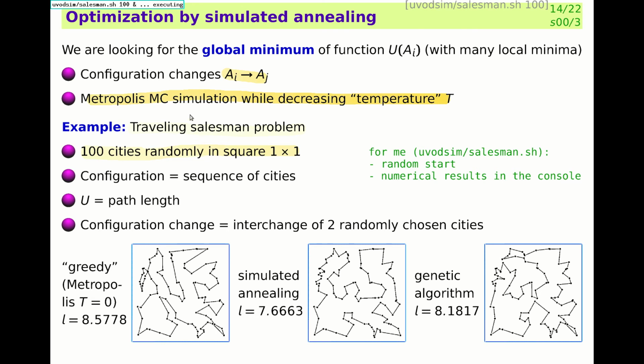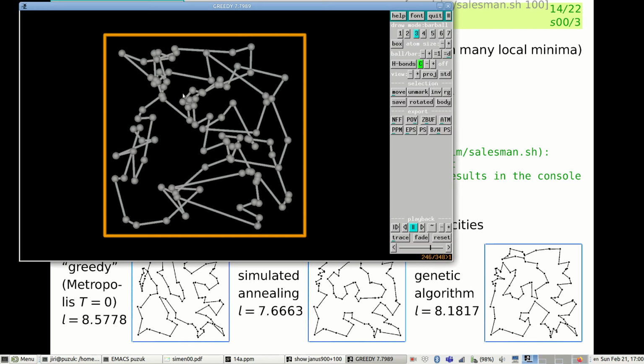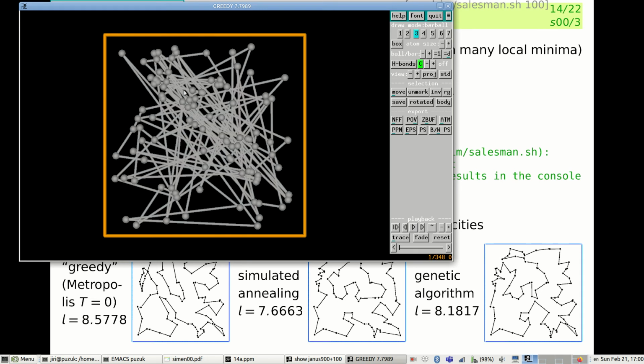Now the computer is creating the simulation. I always start with random numbers, and this is the greedy algorithm. Actually, with 100 cities, one step of the algorithm starts from the beginning. This is a random path.